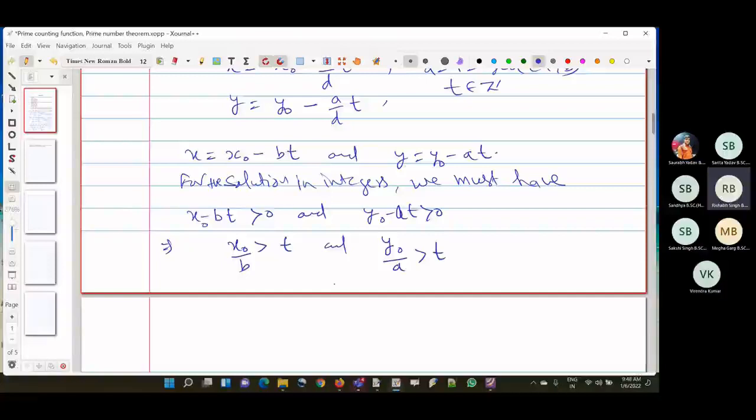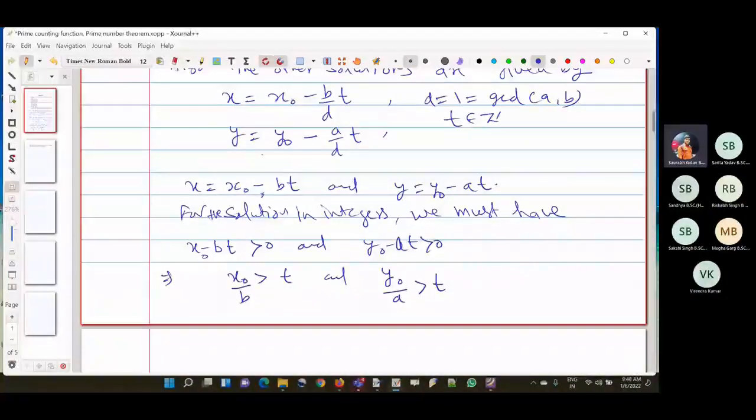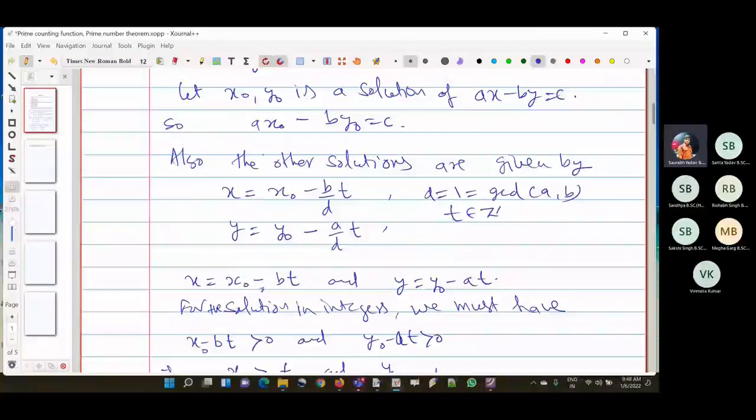The minus will become a plus. X equals X naught minus BT, plus BT will come. Why? Yes, sir, X naught plus BT greater than 0.